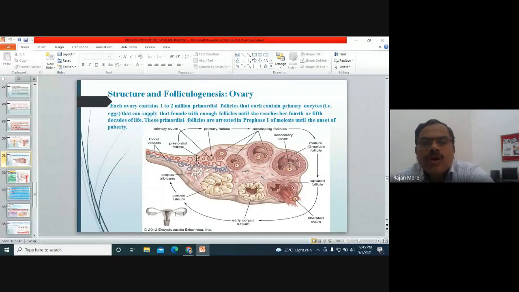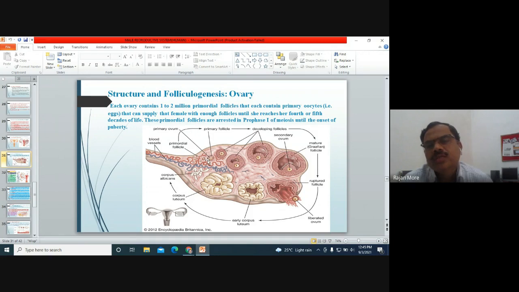All primordial follicles are arrested in phase 1 of meiosis until the onset of puberty. When puberty starts, further development takes place. This figure shows a section of the ovary with two regions: the core portion, which is the medulla, and the cortex region.